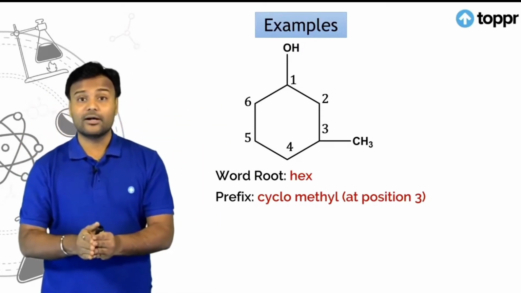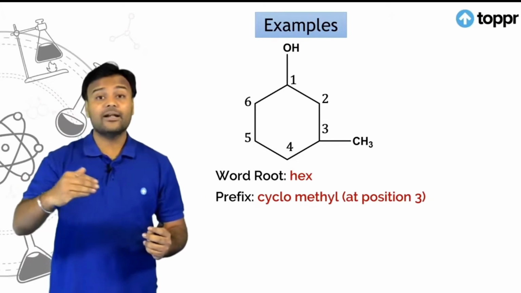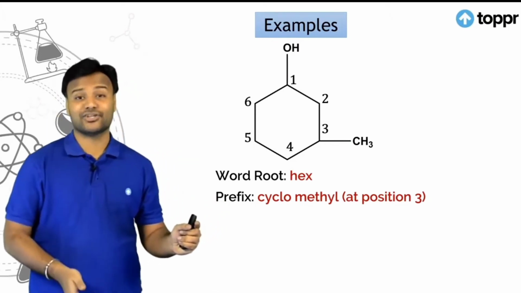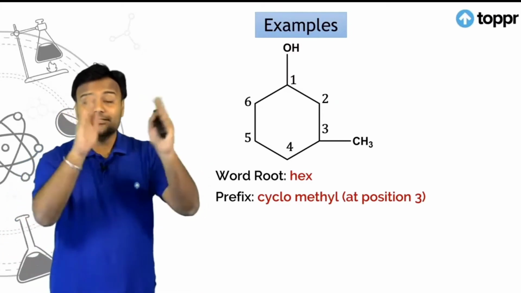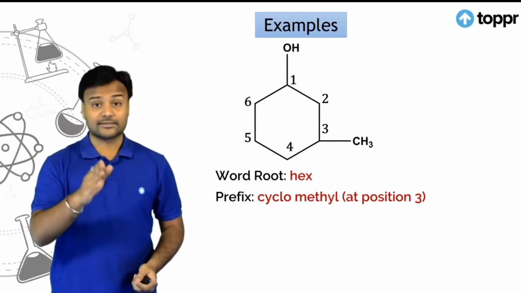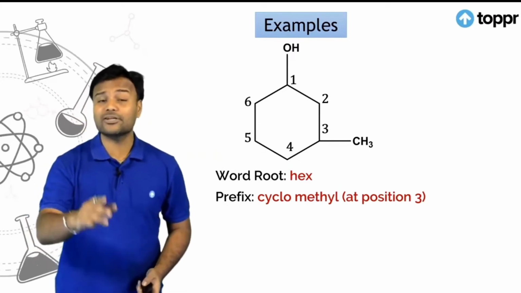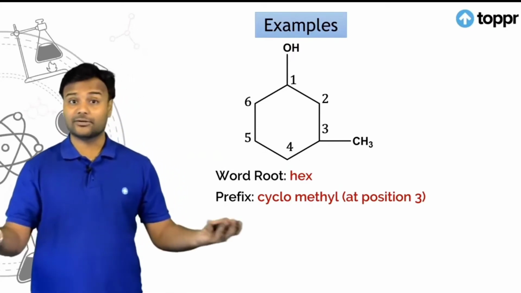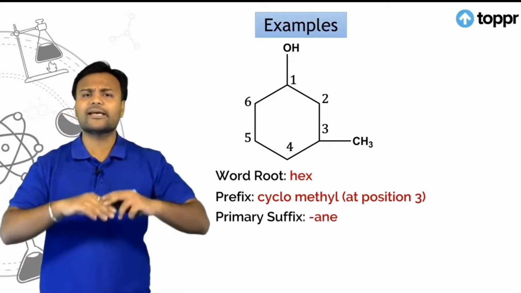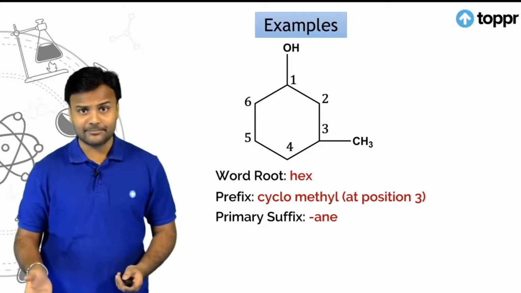If you don't write cyclo, and I write the name without indicating cyclo, then it indicates a linear chain. So cyclo represents a closed ring compound. Here there is also a methyl prefix, because at the third position there is a methyl group attached. That is your substituent. The primary suffix is ane because I cannot see any double bond or triple bond in it.